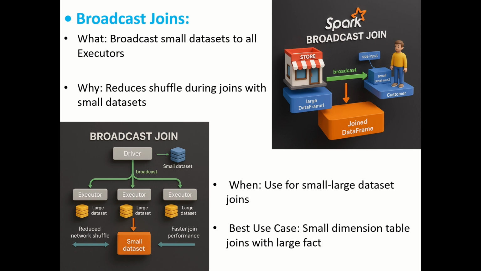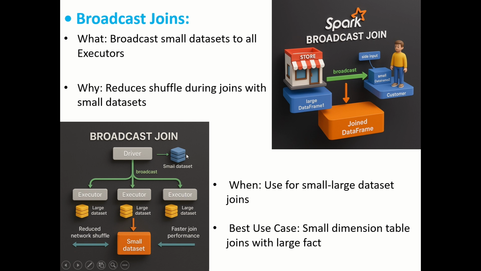In the case of broadcast join, your driver, your manager, has the small data set, and that data set gets broadcast to the executors. The driver broadcasts it to the executors, and in the image you can see the small data set, and every executor has the same data set to itself.